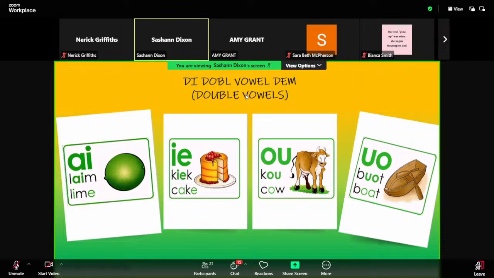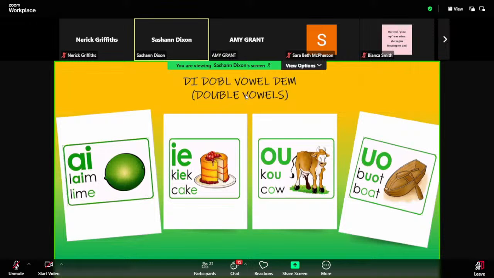The first one, A-I. That combination of letters represents the I sound. Any word in which you hear I, it will be represented by AI, such as lime.